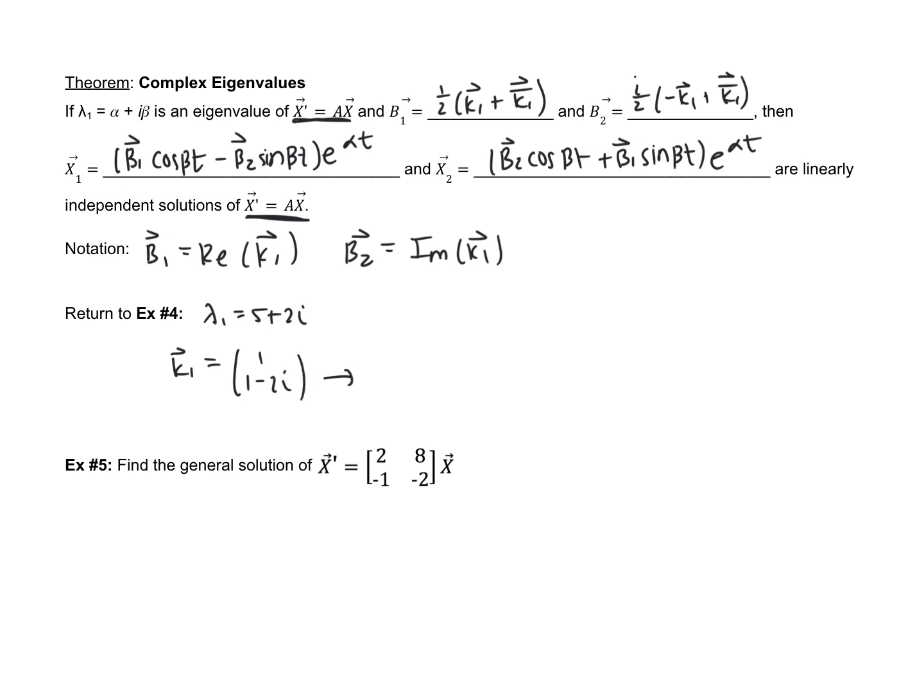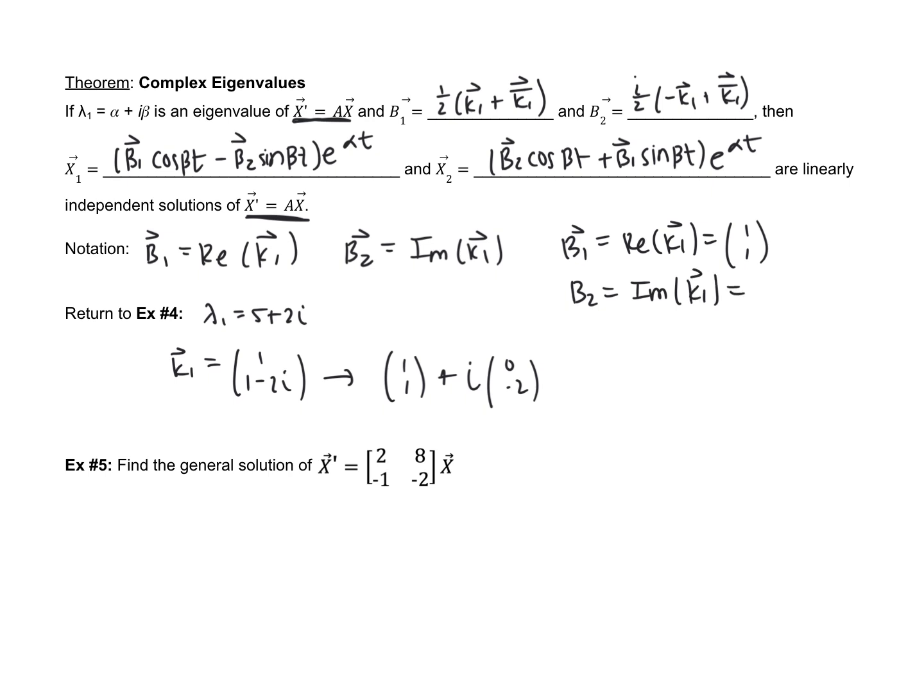So we can write that as the real and the imaginary parts. This is (1, 1) add i times (0, negative 2). So that tells us that our B1, the real part of K1, is (1, 1), and our B2, the imaginary part of K1, is (0, negative 2).